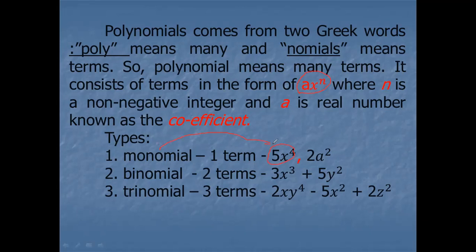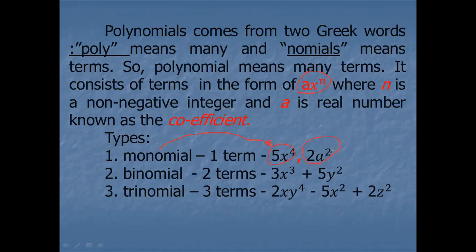This is a type of polynomial where there is only one term. 5x to the power of 4, or 5x exponent 4, but usually we call it power. Here also, this is only one term and the power is 2.